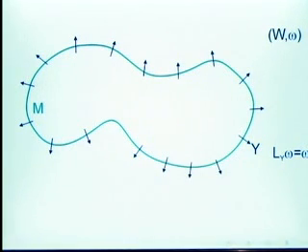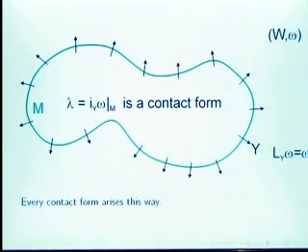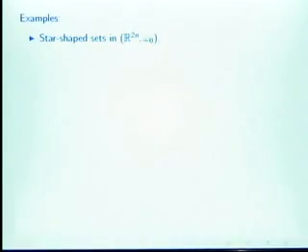If you have your hypersurface sitting inside the symplectic manifold, and you have your transversal Liouville field, then if you contract the Liouville field with the symplectic form and restrict this to the hypersurface, you have a contact form, and every contact form arises in this way.